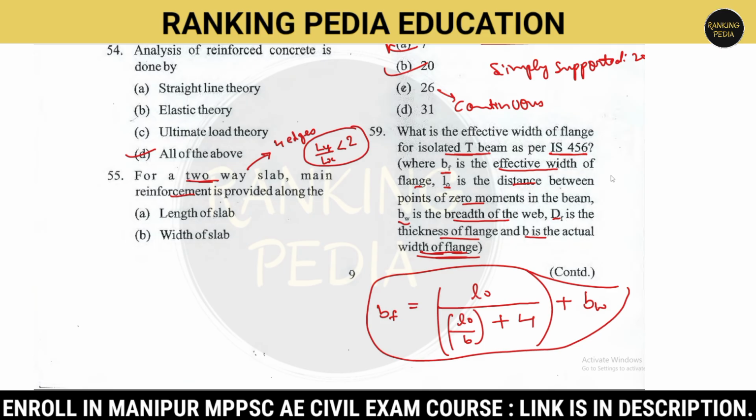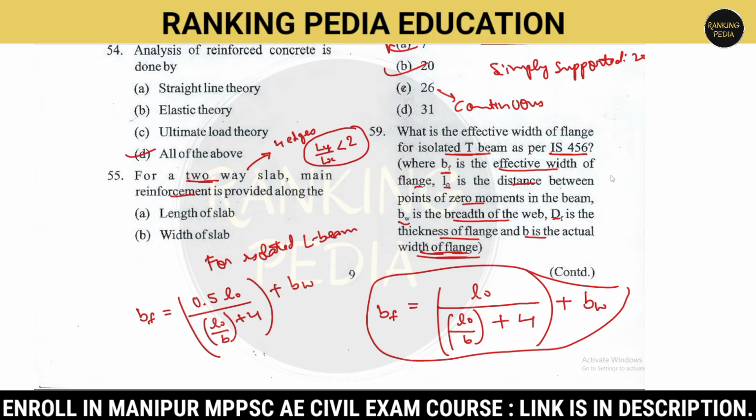Now for an isolated L-beam, your formula is bf = 0.5 L0 / (L0/b + 4) + bw.